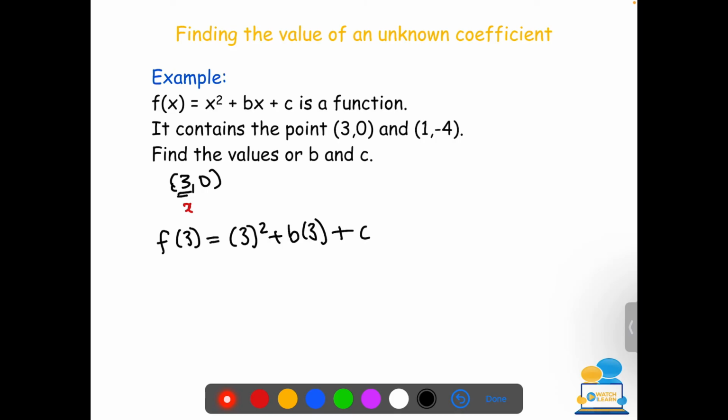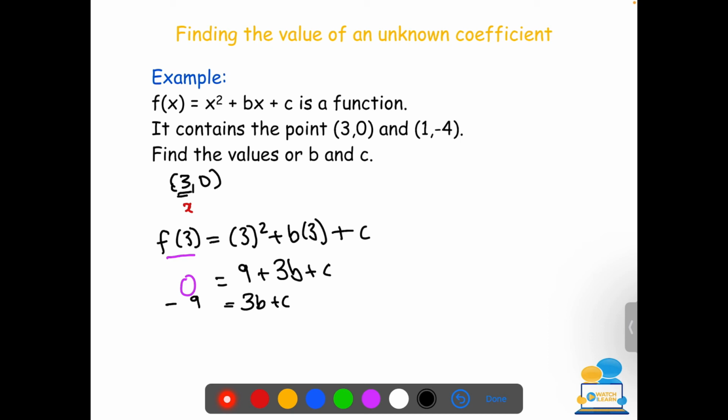We know that the corresponding y value is 0. So I'm going to change this to 0. So 3 squared, 9, add 3b, add c is equal to 0. I'm going to set this up as a linear equation with my unknowns on one side and my number on the other. So I'll have 3b add c is equal to minus 9.